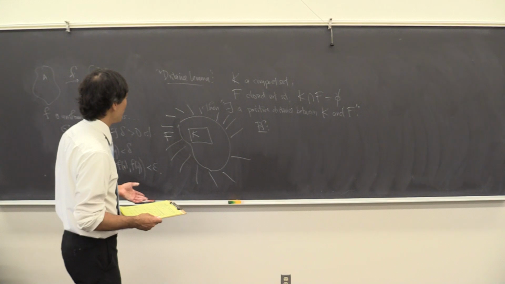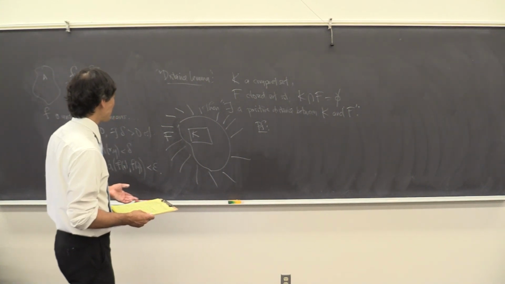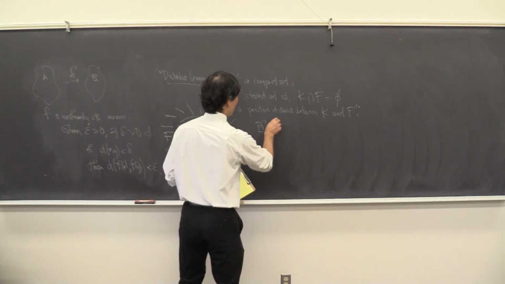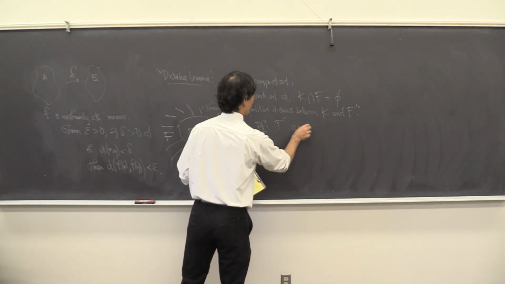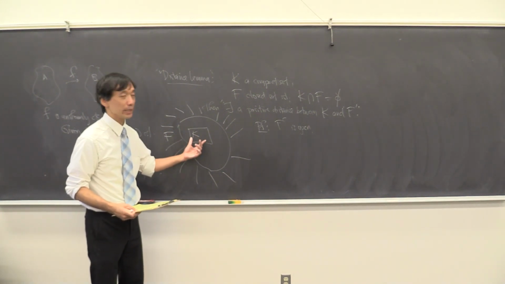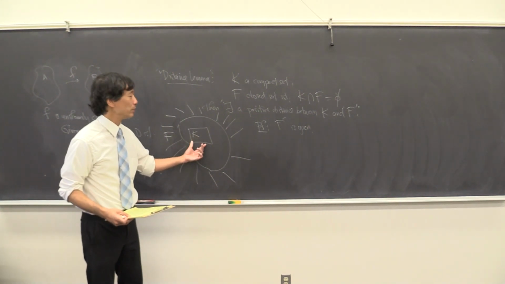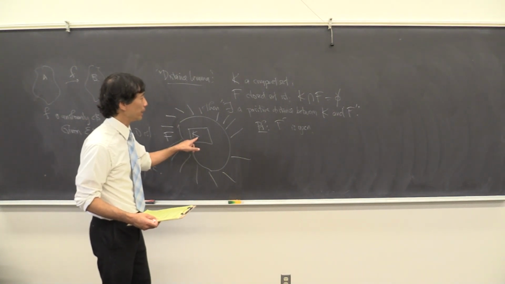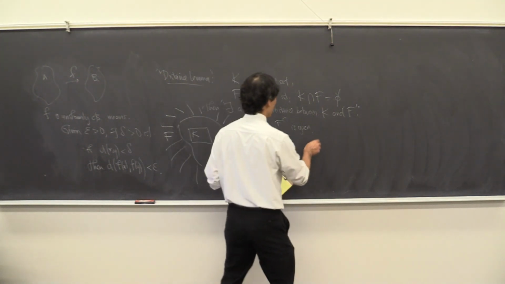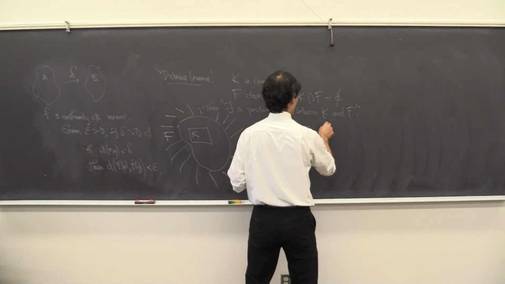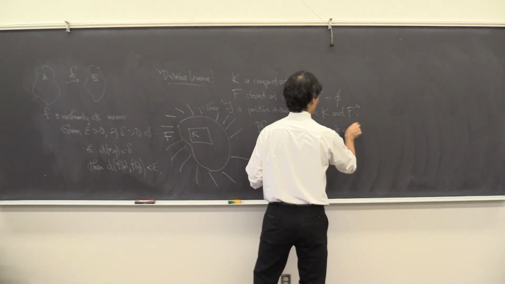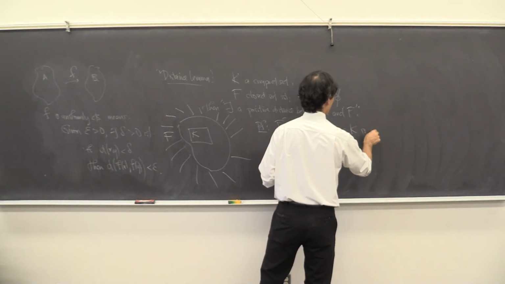So look, F complement is open, and K is sitting inside of it. So you know that every point in K is interior to F complement.